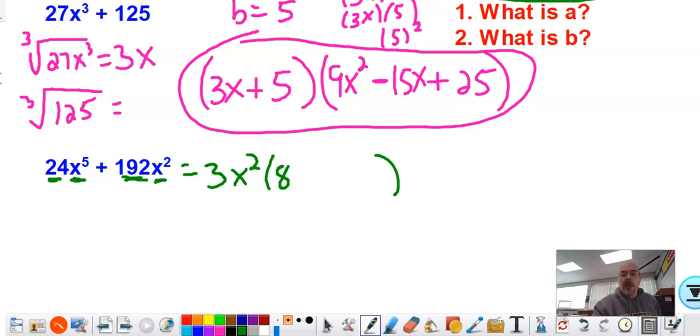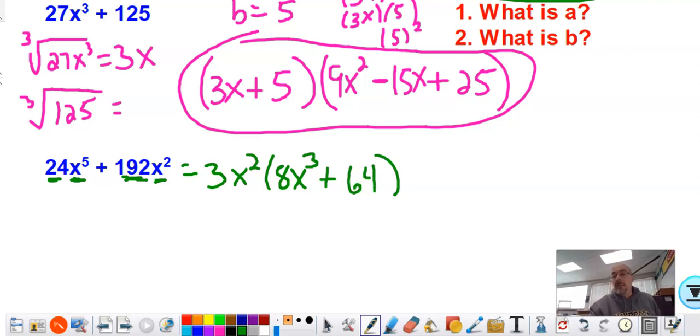And if I pull out x squared from x to the 5th, that's x to the 3rd. Plus. Okay, think about it, folks. We're going to be doing this special case. So you're going to want perfect cubes, right? And then the next one, if I pull out 3x squared from 192x squared, I'm left with 64.